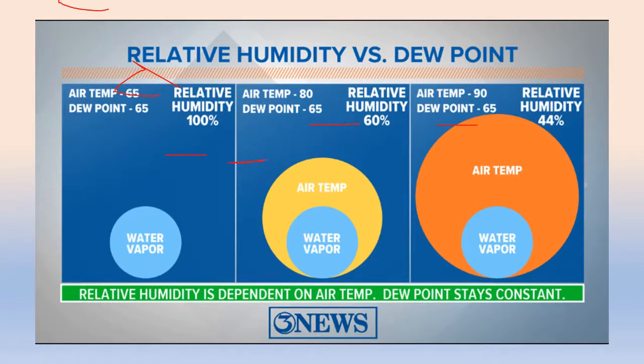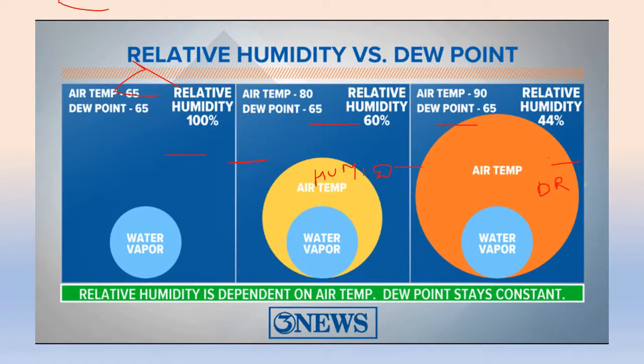And when the relative humidity is more than 60%, we say that the air is humid. Humid in the sense that moisture is there in the air. Now if the relative humidity is less than 60%, we say that air is dry.